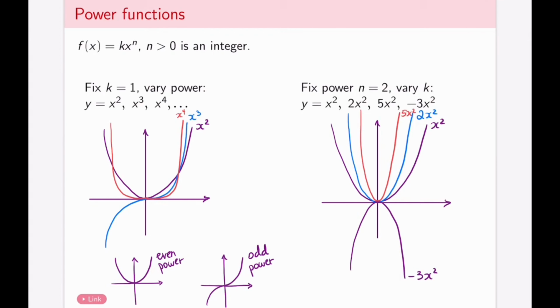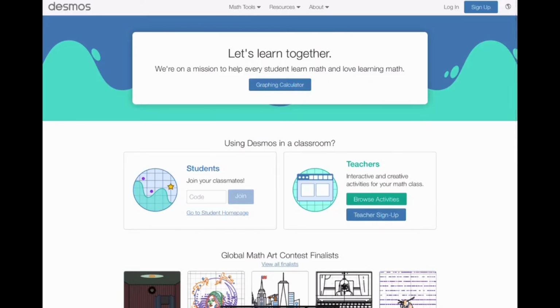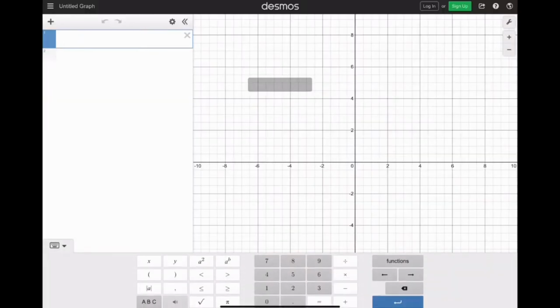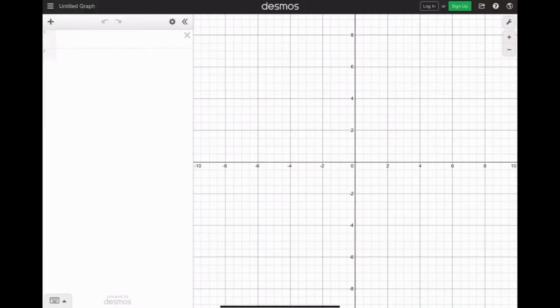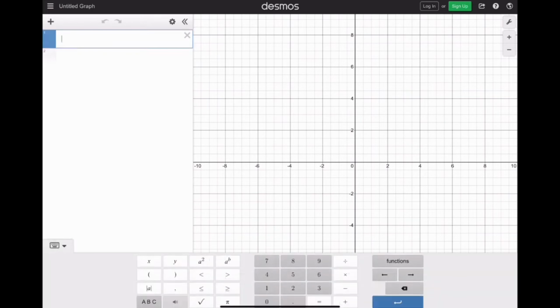Now, drawing by hand is a very handy tool to visualize these functions, but of course, being in front of computers, we have all kinds of possible technology to aid us in visualizing these functions. Desmos is a free online graphing calculator. So you just type in desmos.com, go to the graphing calculator, and it has a very intuitive way to type things in.